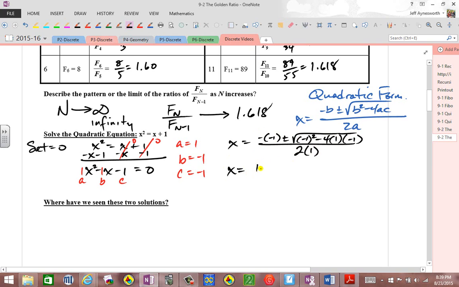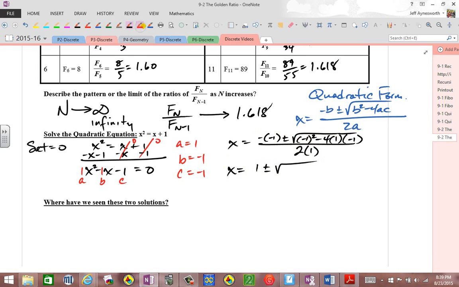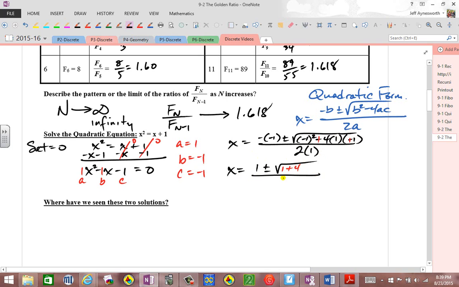Well, what do we get? We get 1 plus or minus the square root of... negative 1 squared is 1, and then I see a double negative here. 4 times 1 is 4, times 1 is 4. So I see 1 plus 4 in there, all divided by 2 times 1, which is 2. So I get 1 plus or minus the square root of 5, all divided by 2.